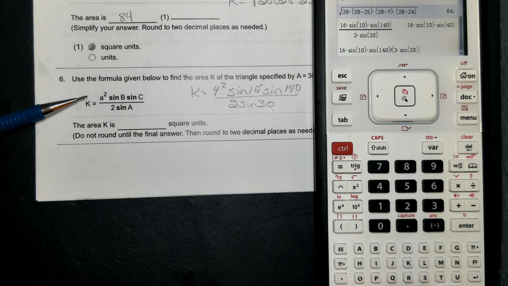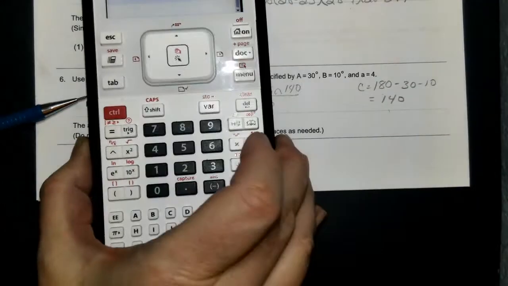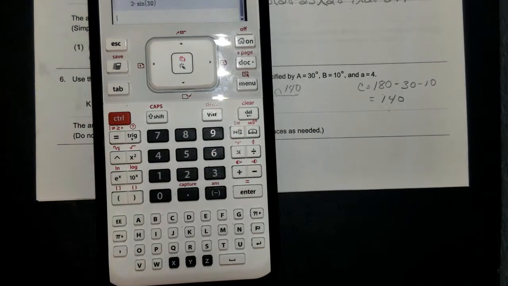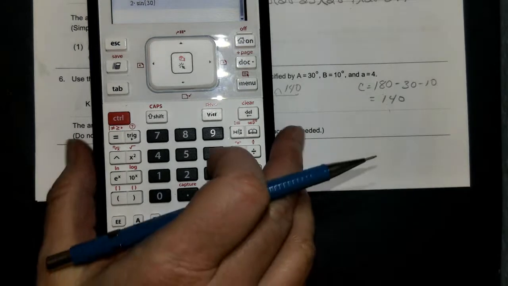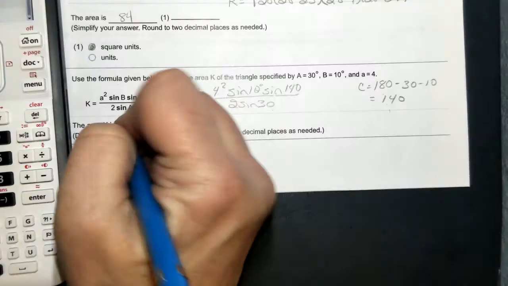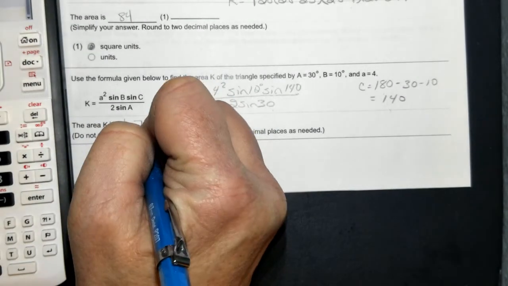All right, let's see. 16 times sine of 10 times sine 140 divided by 2 sine 30. And this time I'm going to get an answer, 1.78. Let's see, 1.785, so it's actually going to round to 1.7879 square units.